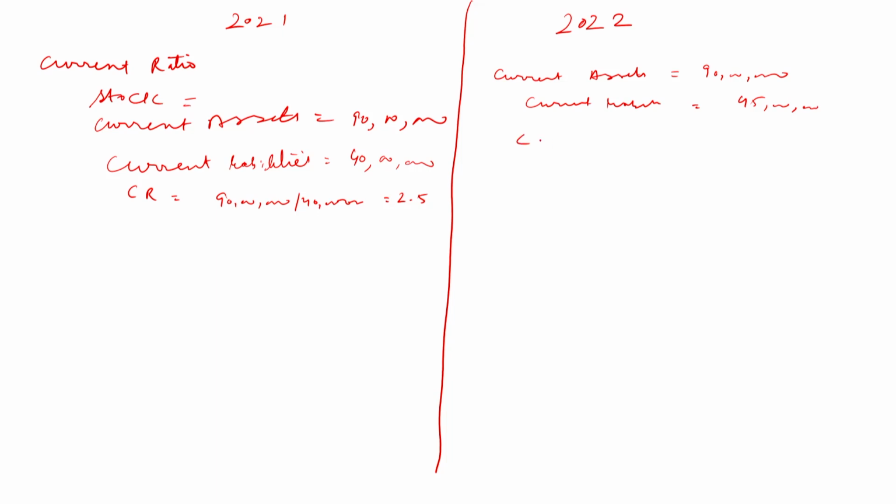So our current ratio in the year 2022 would be 90 lakhs divided by 45 lakhs, which is equal to 2. So in comparison, we can see the current ratio in the year 2021 is more than the current ratio of the year 2022, but both the ratios are showing a satisfactory position because of the rule of thumb.